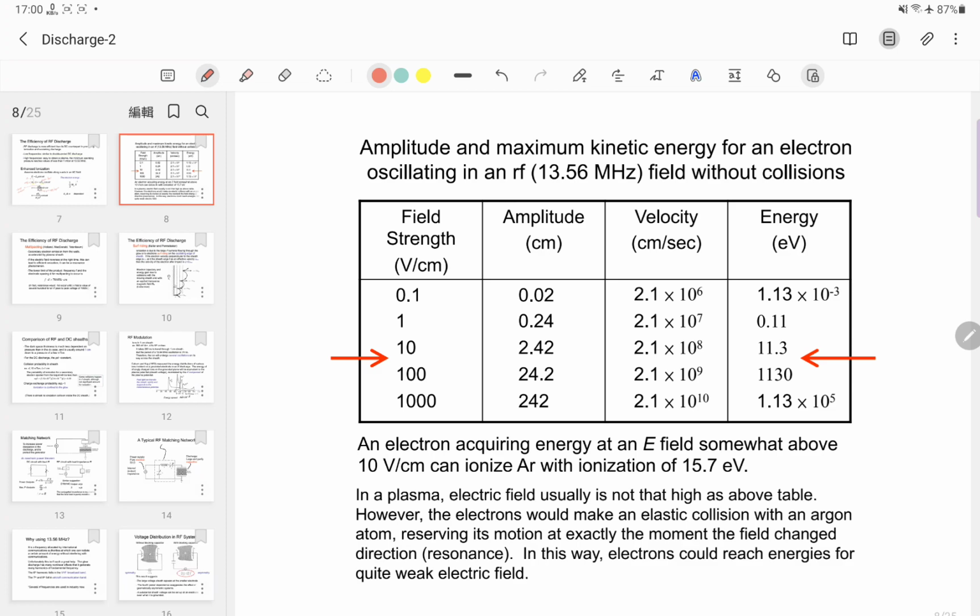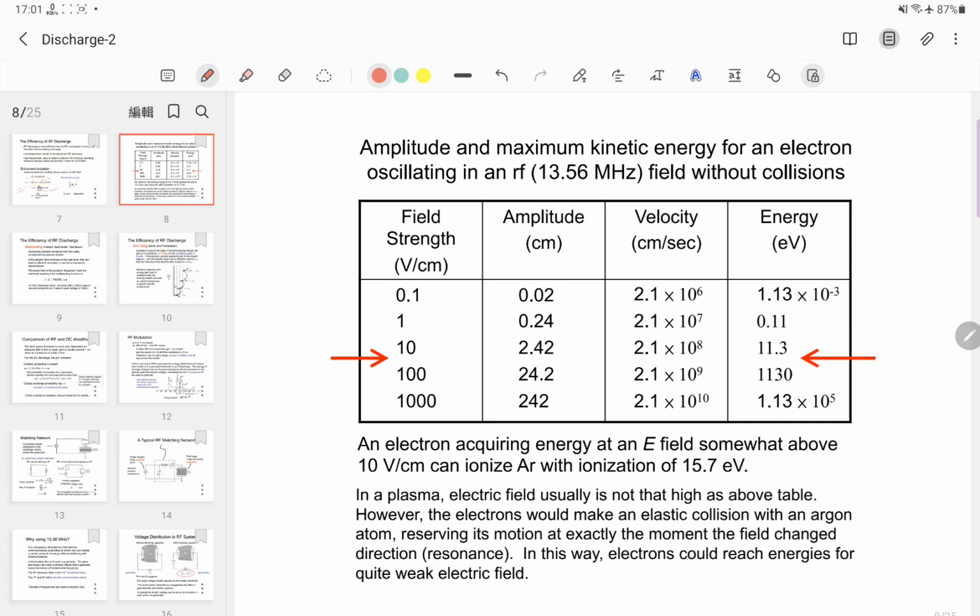From this table you can see that if the applied electric field equals 10 volts per centimeter, and from the last slide we can calculate the electron amplitude, then when the electron oscillates, the distance it can travel is around 2.42 centimeter.